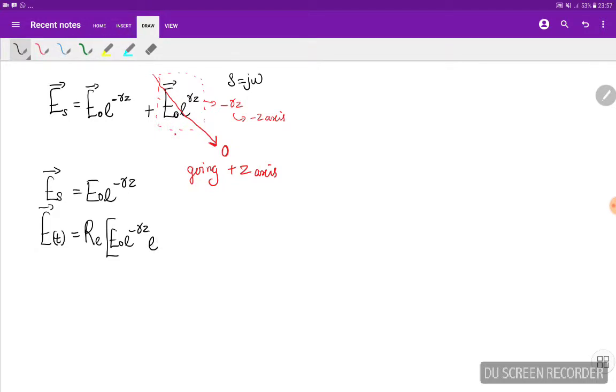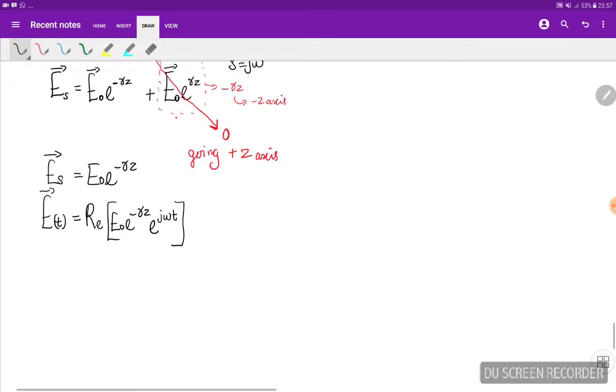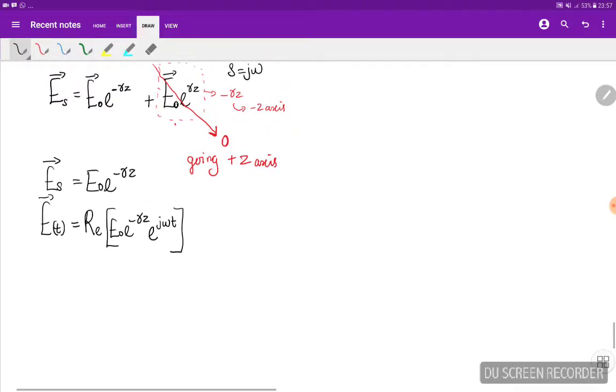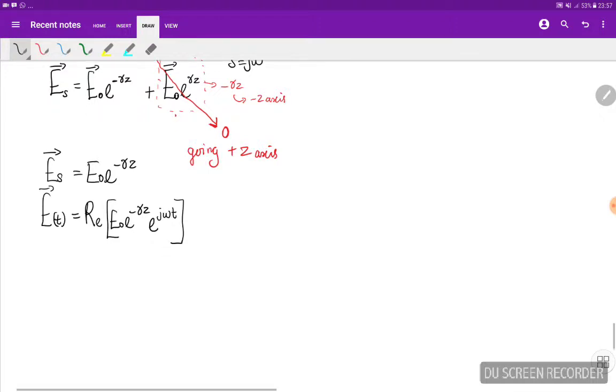Remember your Fourier transform back into the time domain is the integral from minus infinity to infinity of the function times e^{jωt}. So this is converting it back to t.